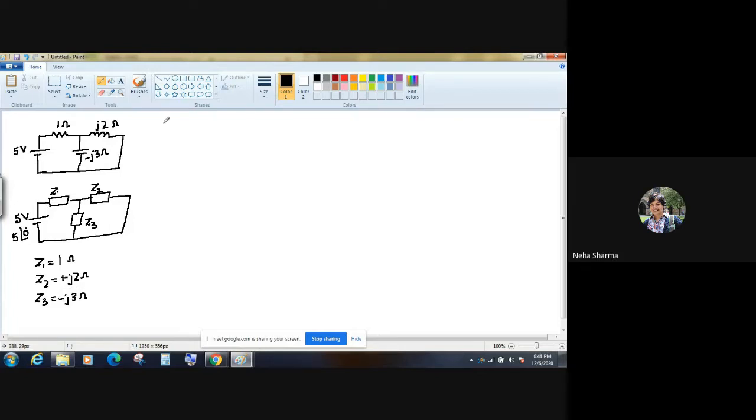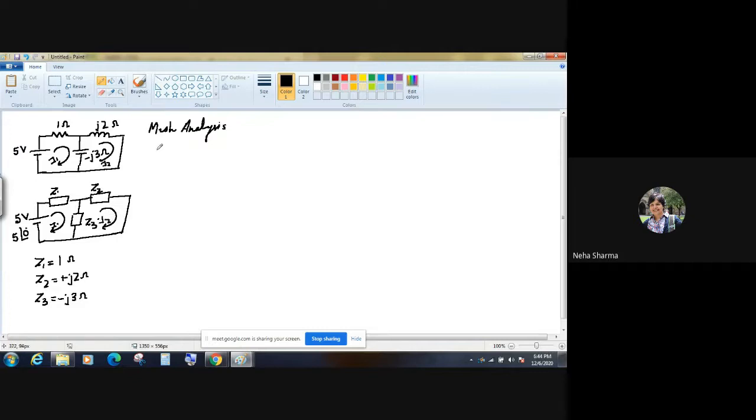Since I'm trying to solve the circuit using mesh analysis, how many meshes? 2. Again, I'm assuming that currents are flowing in the clockwise direction in both the meshes. So this is I1 here, and here is I2.